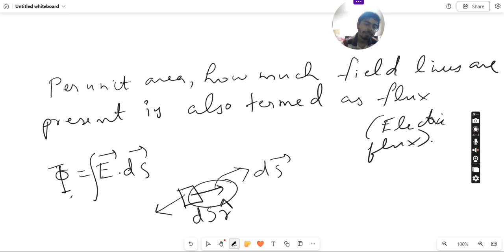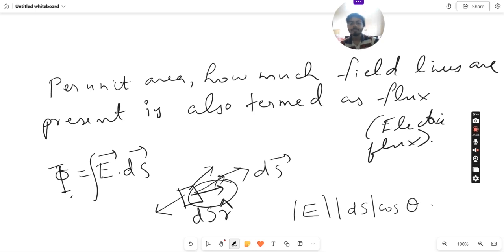Okay. And the electric field is also a vector. So let's go back to the first description of electric fields as vectors. Now electric field dot ds means modulus of E, modulus of ds, cos theta.